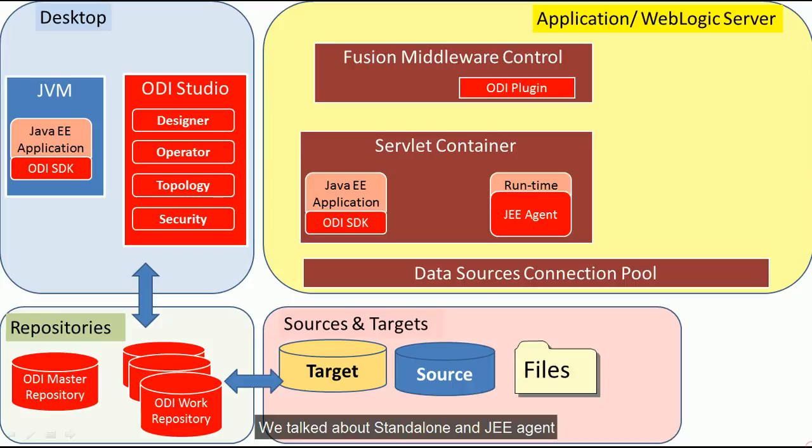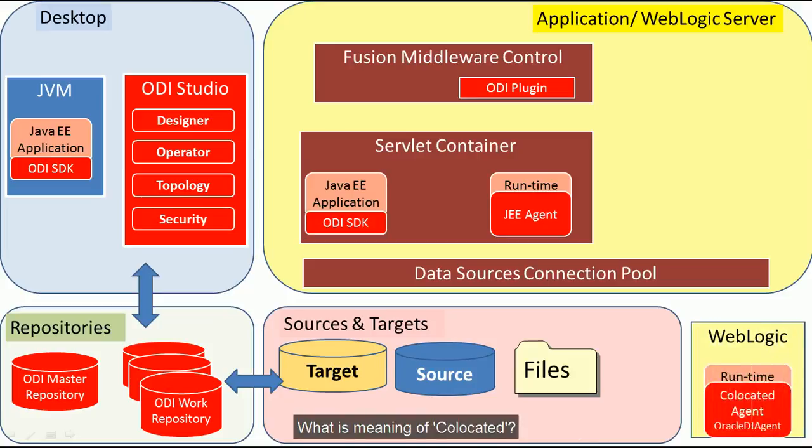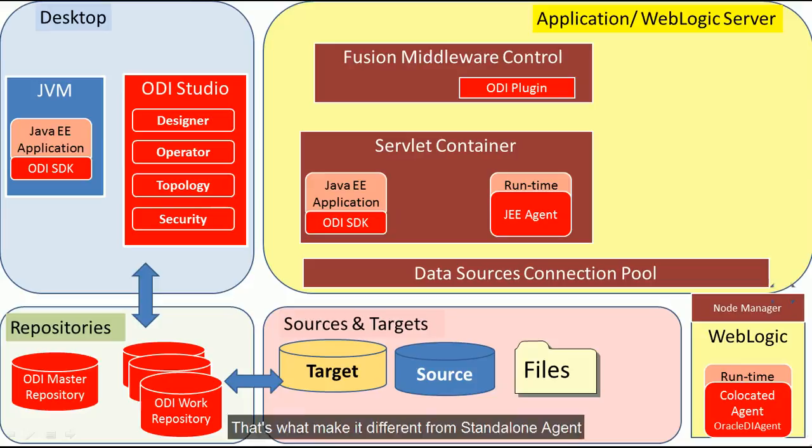We talked about standalone agent and JEE agent. It's time now to talk about co-located agent. As name suggests, it is similar to standalone agent, but what is the meaning of co-located? That's what makes it different from standalone agent.